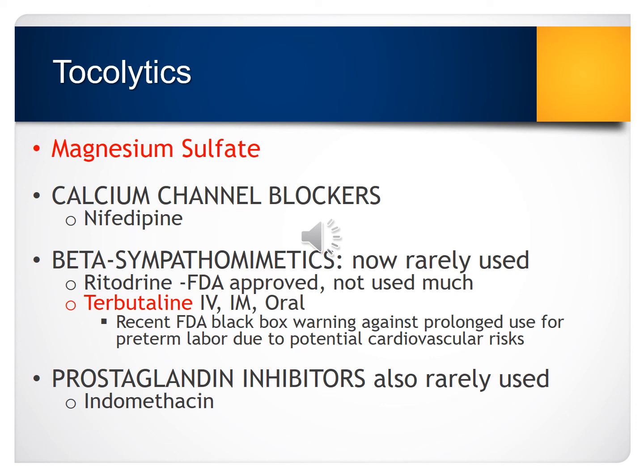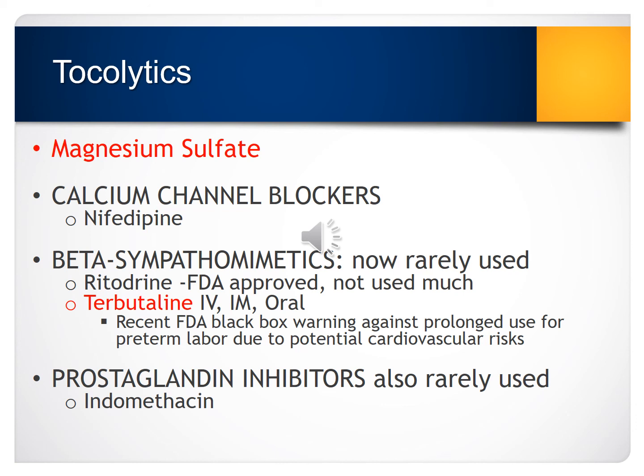If a woman is having some contractions, a provider may start with an IM injection of terbutaline. And there is a black box warning against the use of terbutaline for prolonged use for preterm labor because it has cardiovascular side effects.